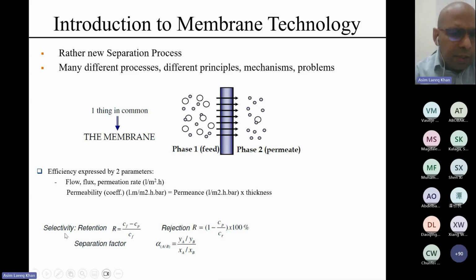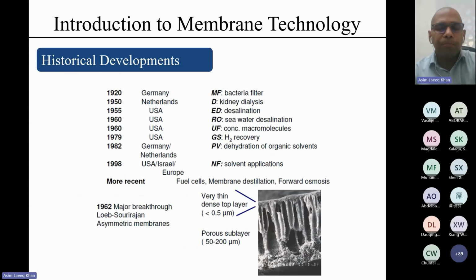The other efficiency parameter is selectivity, retention, rejection, or separation factor. They have different units and different formulas, but all of them mean how selective the membrane is and what the purity of the product is that we get out of the membrane.